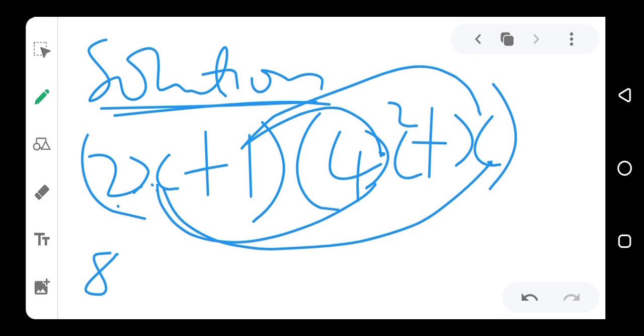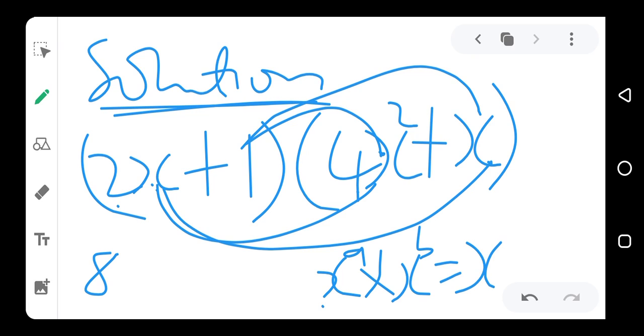Now remember, in indices, if you have x raised to the power a times x raised to the power b, since we have the same variable, we take one x, and it becomes x raised to the power a plus b. So if you have multiplication, we add the powers.